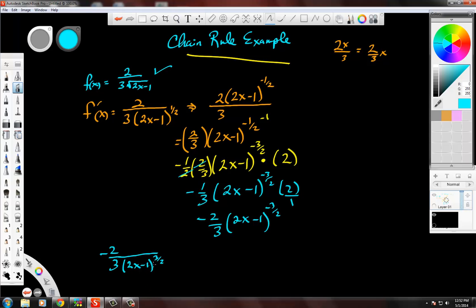Well, this is kind of ugly because we could write this as negative 2 over 3. And remember, when you write fractional exponents back in radical form, the denominator goes here. So that's like the square root. And then this would be 2x minus 1 cubed.